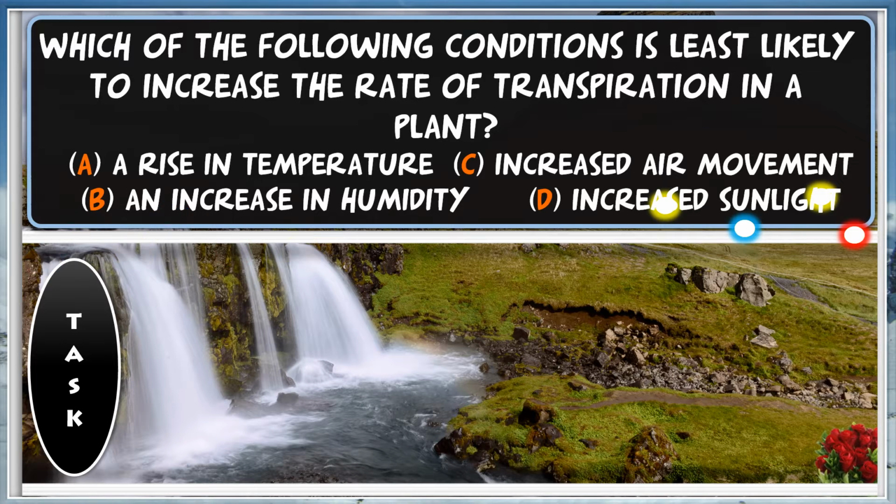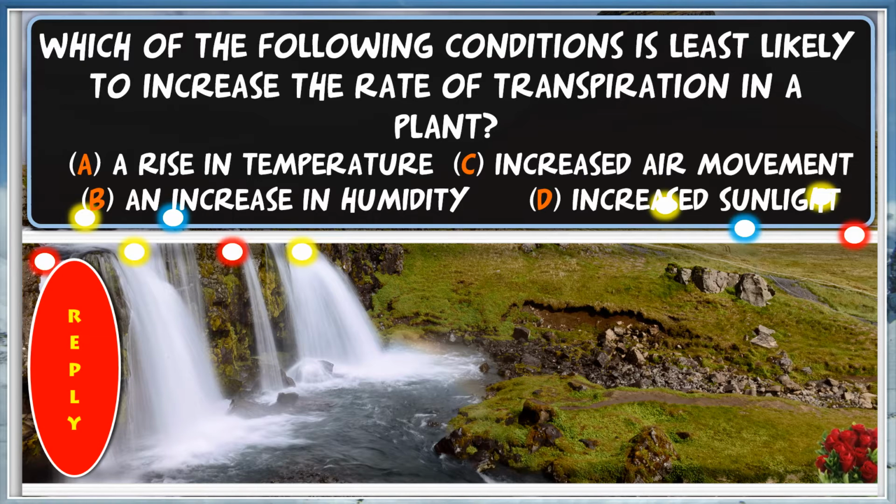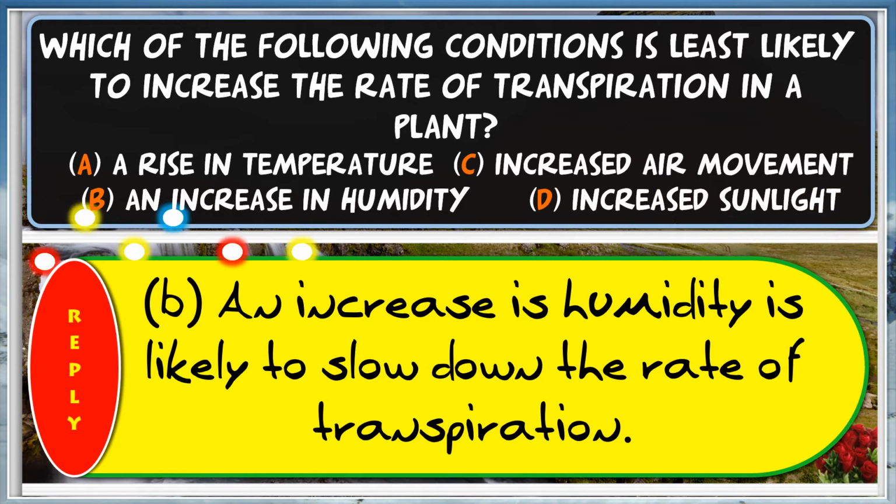Part D, increased sunlight. Part B, an increase in humidity is likely to slow down the rate of transpiration.